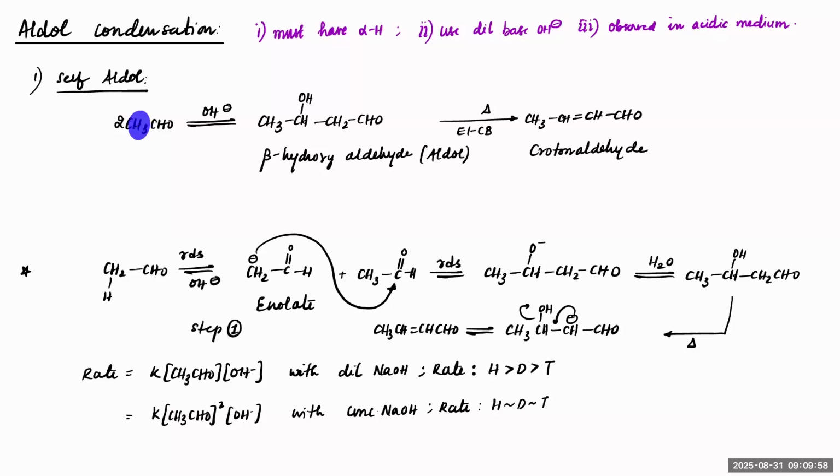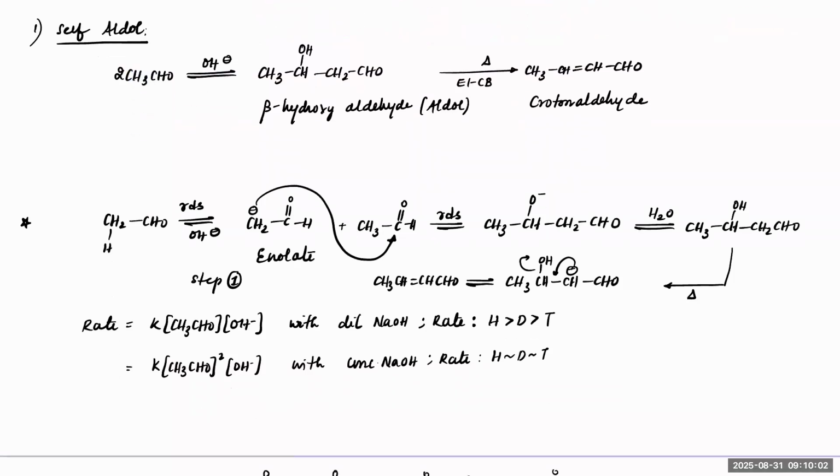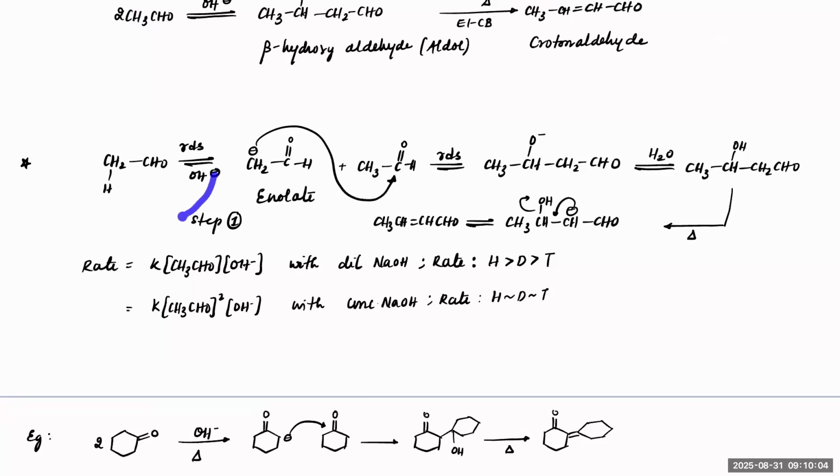You can see there are 3 alpha hydrogens here. Now, how does the mechanism take place? See, first OH minus will take away this H plus via tautomerism, converts into enolate ion. And it is the enolate ion which will act like a nucleophile, and that nucleophilic carbon will attack on the second mole of the carbonyl carbon.